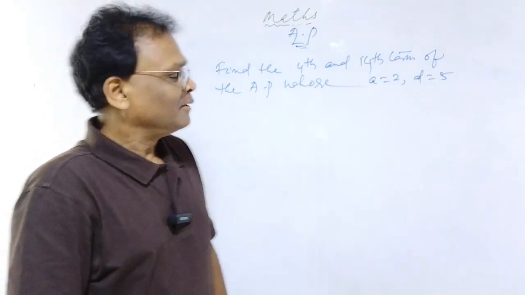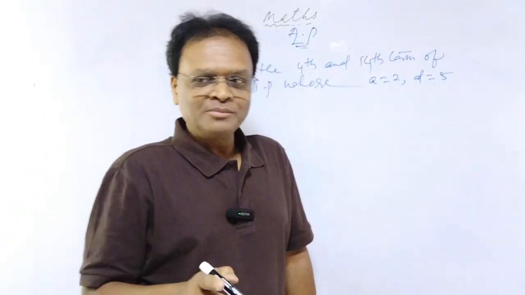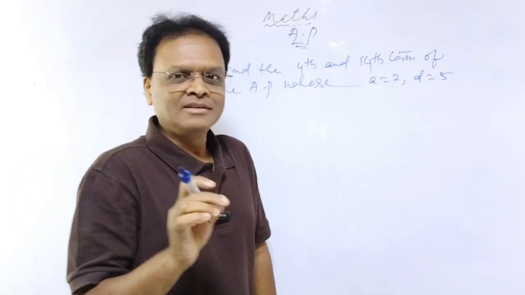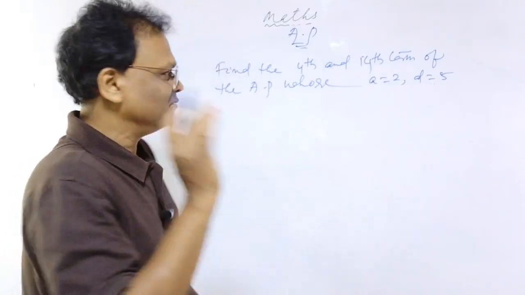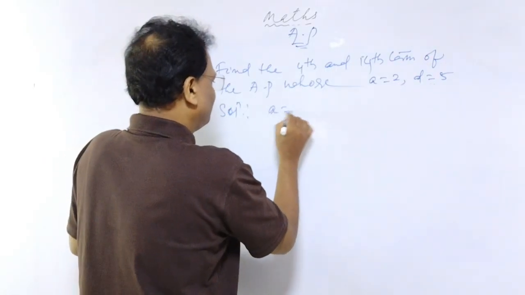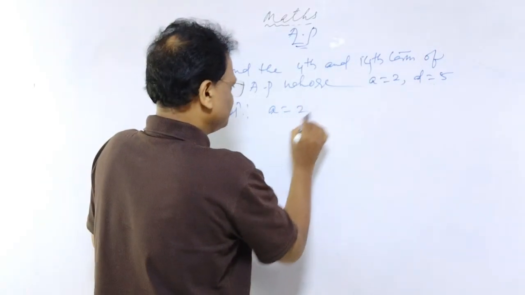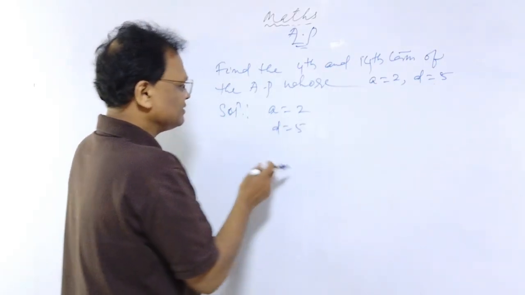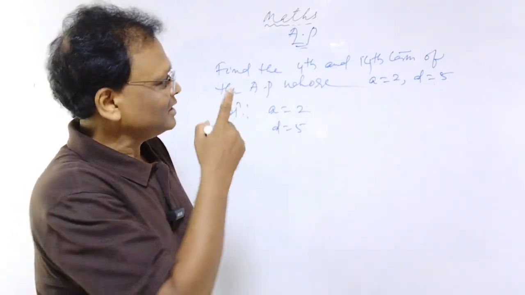So what is given? You have to find the fourth term and 14th term. But what is given? A and D are given. So this will help you to do the problem. The first term is 2 and the common difference is 5.